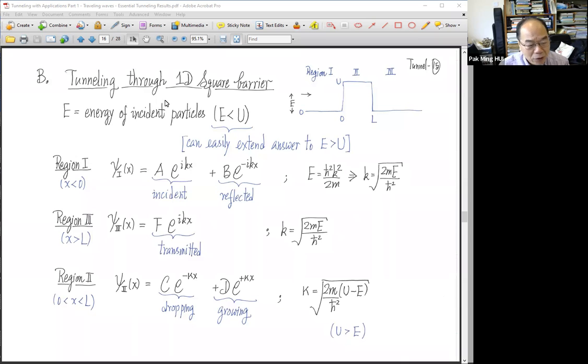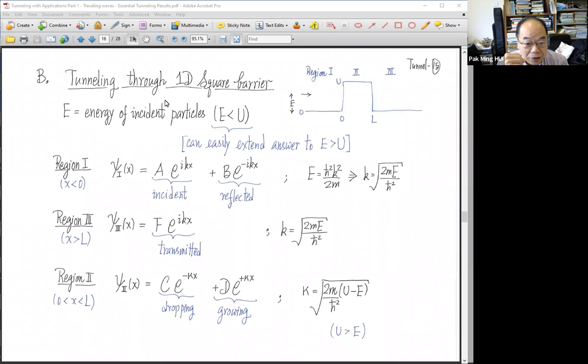For example, you can use the Dirac delta function normalization, or you could use a box normalization, or even you can construct a wave packet in order to treat this incident particle as a wave packet. Anyway, there are ways to do it.